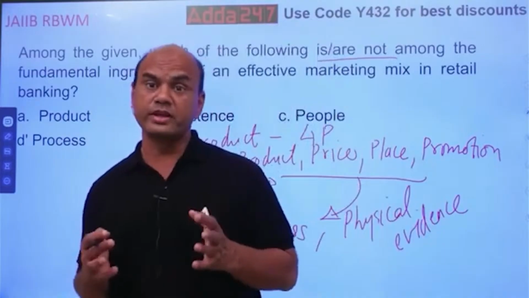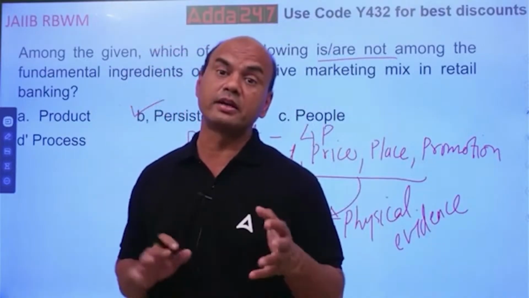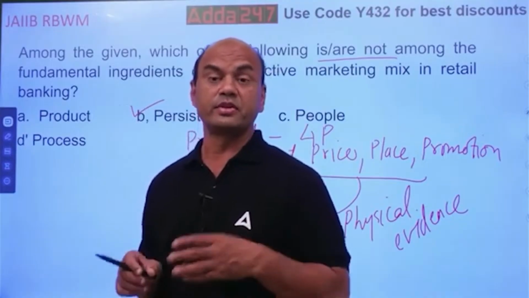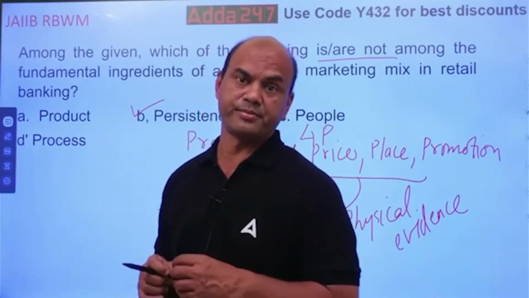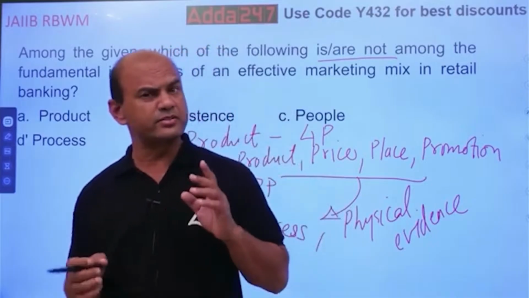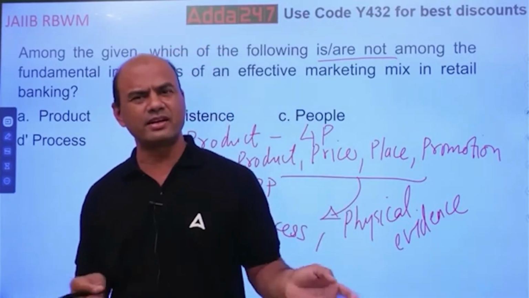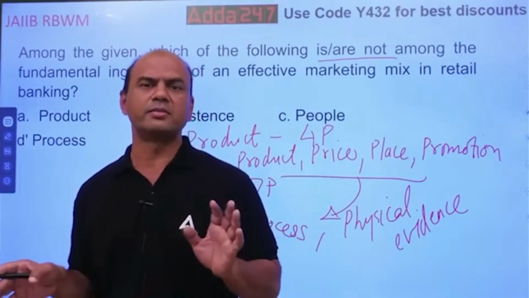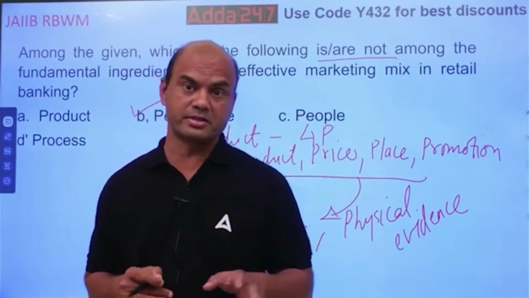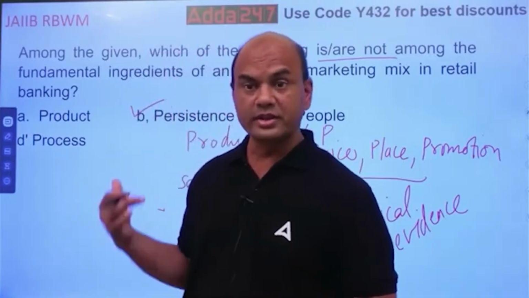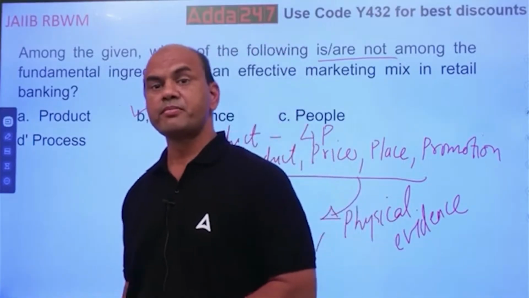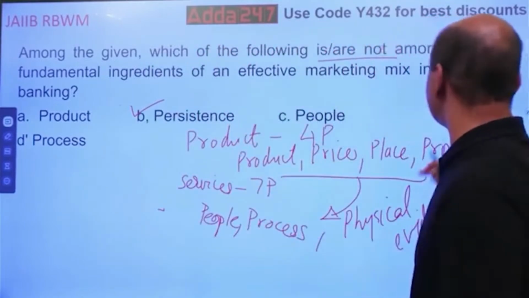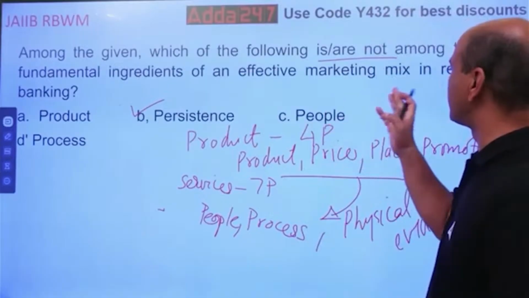Customer always feels better if the branch is neat and clean, everything in its place. If the branch is very dusty, files are lying here and there, people are shabby, the customer will not like the branch and will not come. So these are the 7 P's. The answer was persistence. It is not among the effective marketing mixes.